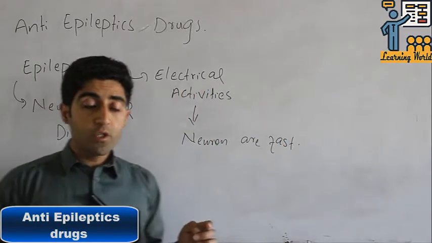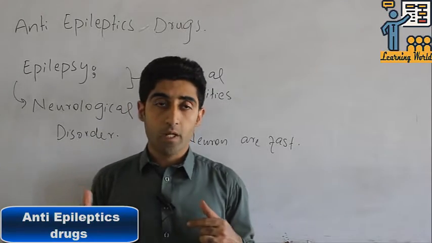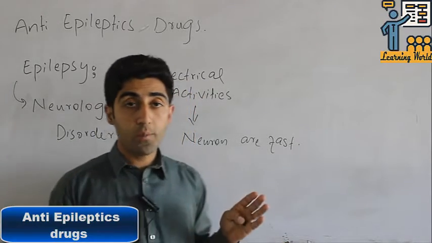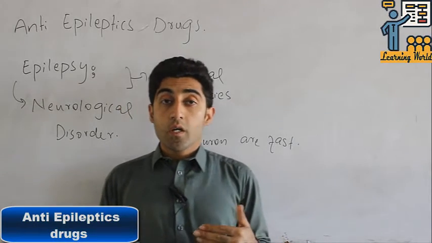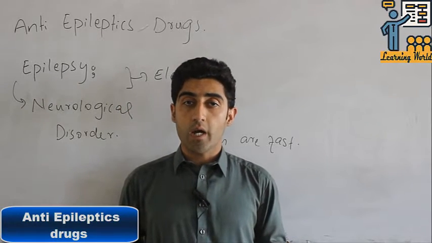The electrical activity between the two neurons in an epileptic patient will be very fast. In an epileptic patient, the rapid firing of the neurons will occur.